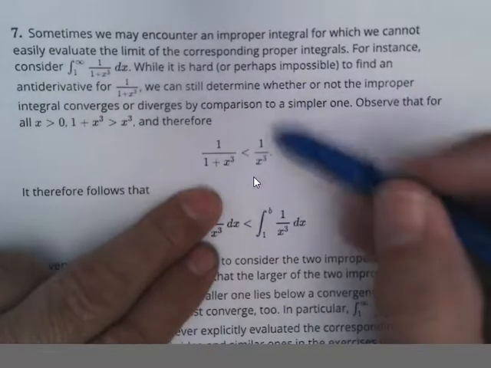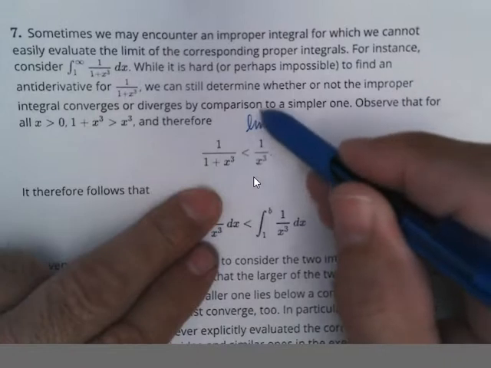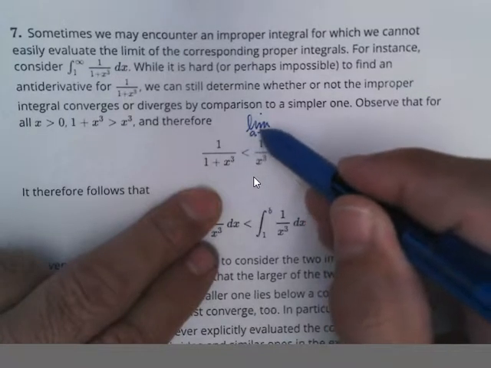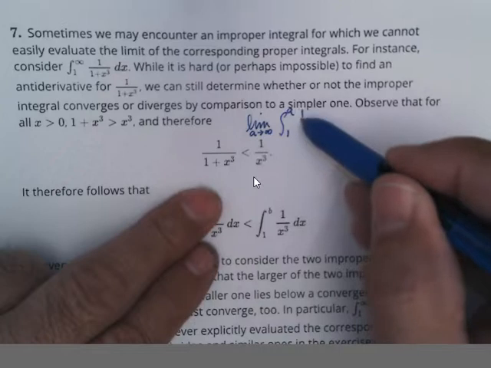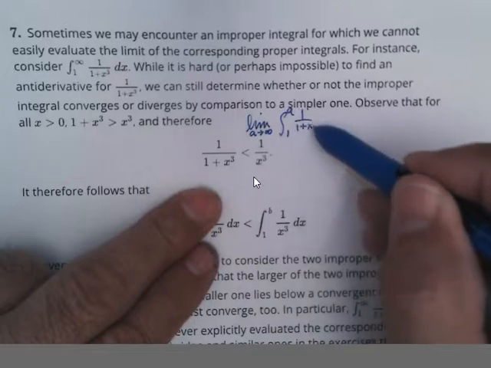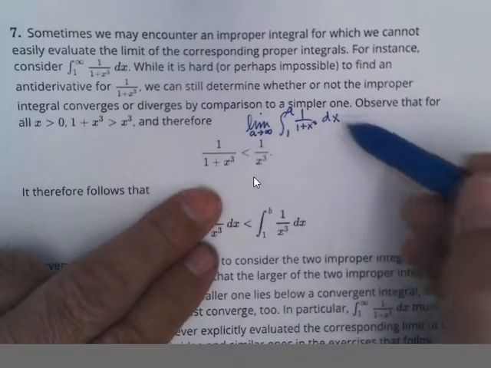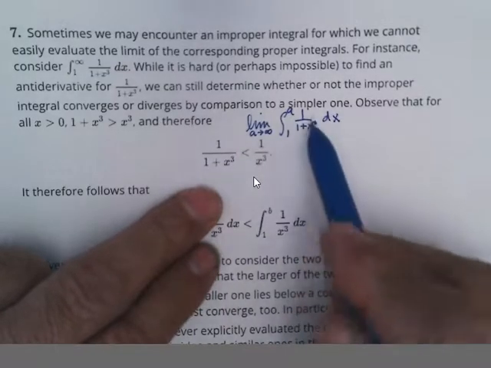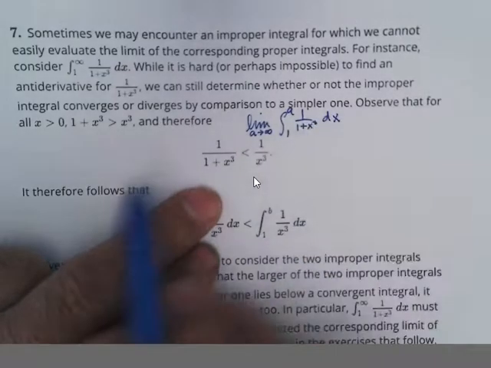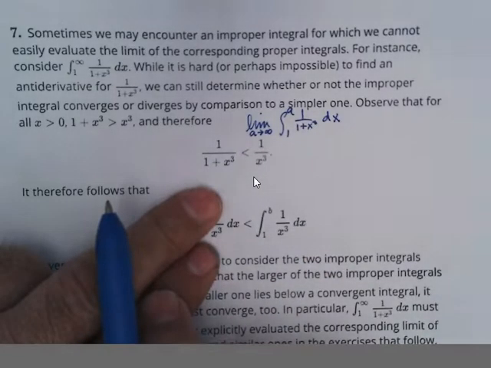So even if we did the limit as a goes to infinity of the integral from 1 to a of 1 over 1 plus x cubed dx, without some really fancy mathematical abilities, this does not integrate very easily.